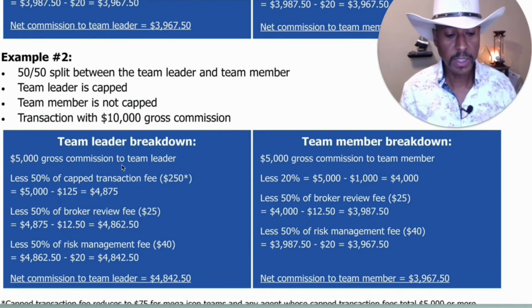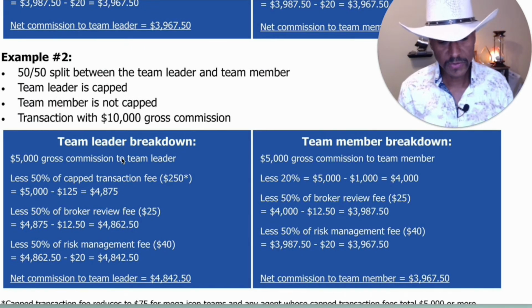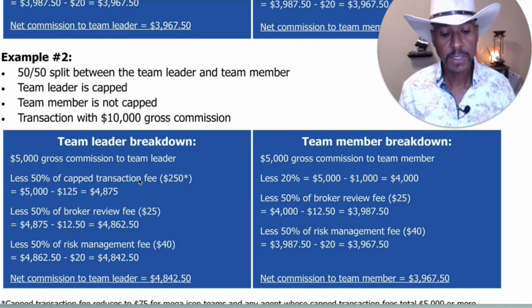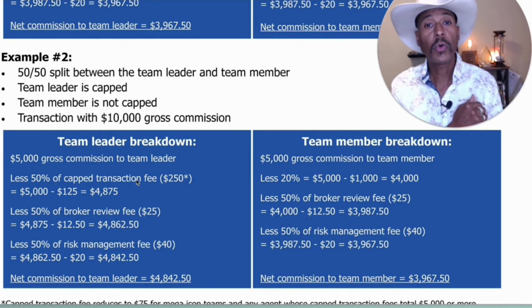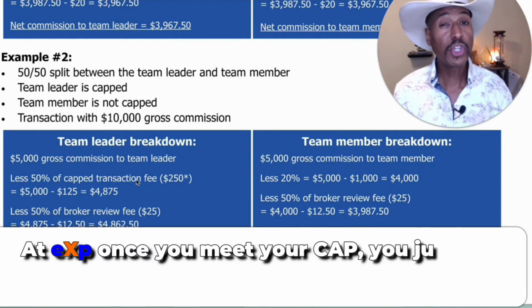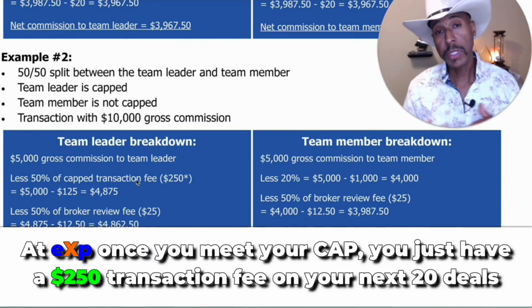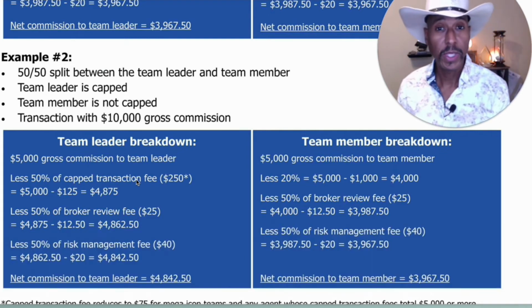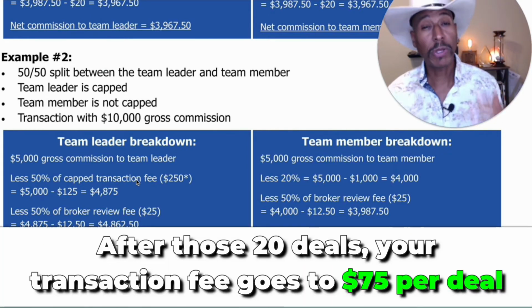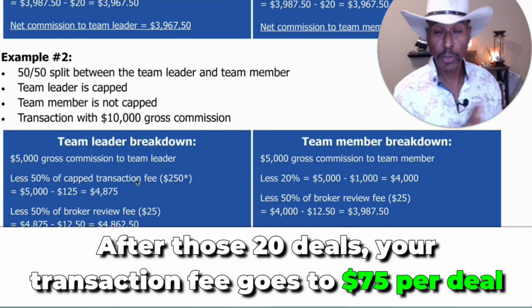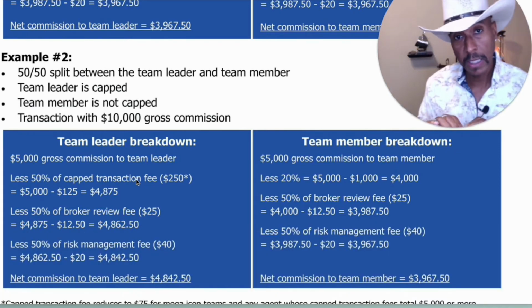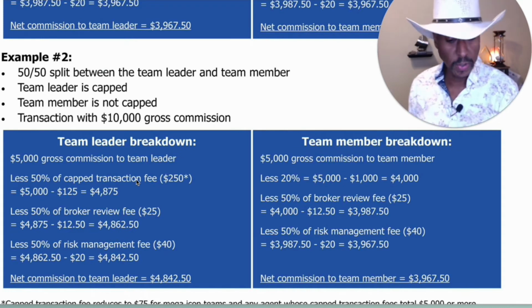So as you can see here, you've got the $5,000 gross commission, both sides, less 50% of capped transaction fee. So at eXp, once you meet your cap, you just have a $250 transaction fee on your next 20 deals. After those 20 deals, your transaction fee goes to $75 per deal, okay? So you're not paying 20%, you're paying, let's say you just capped, you're paying $250.